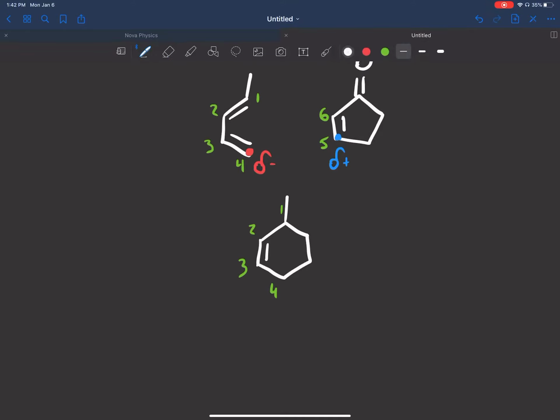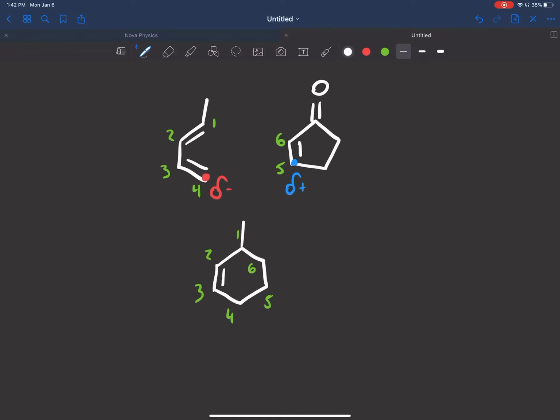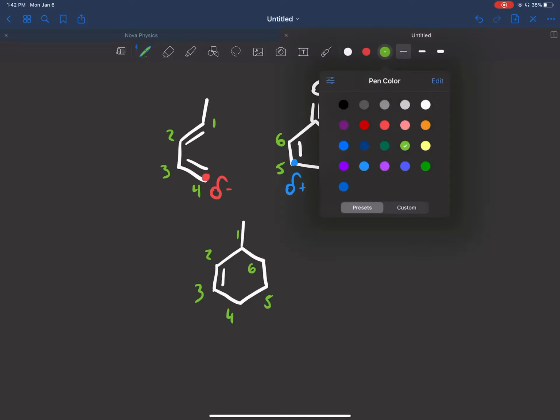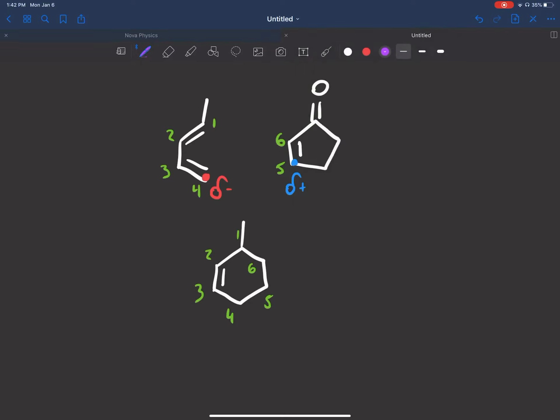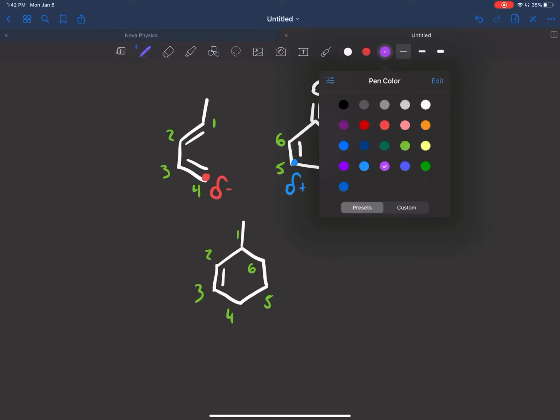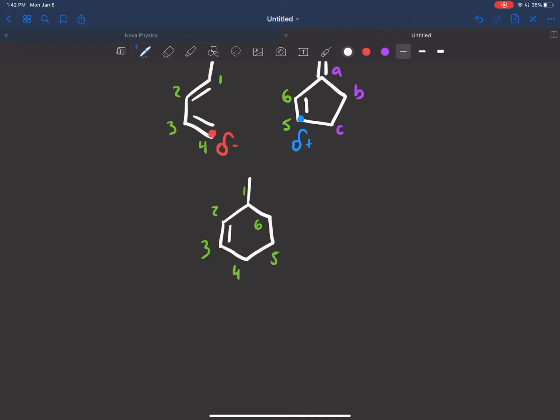And now 6 and 5, let me just move the numbering, right? If I finish off that numbering, I'll do it with A, B, C, right? So we see that off of carbon 6 is carbon A. So here's A. A was connected to B. B was connected to C. And C was connected to carbon 5.